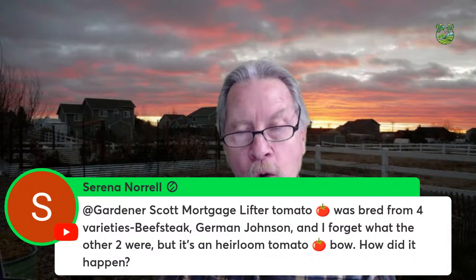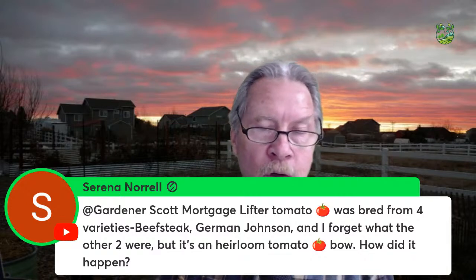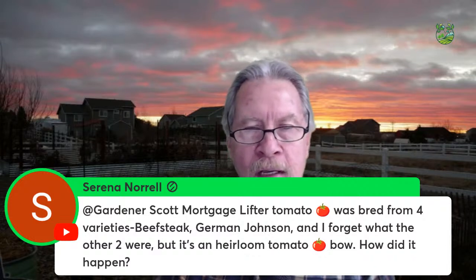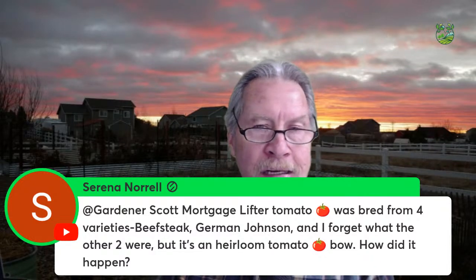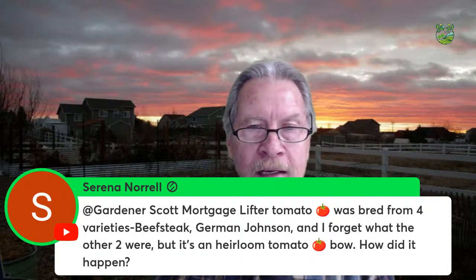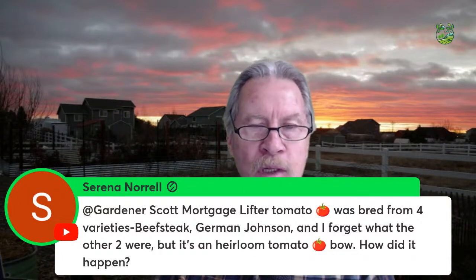So now it is an heirloom plant because it was developed almost 100 years ago. But at the time, it was just a tomato plant that had produced a genetic mutation, and he recognized that and worked to stabilize what became the mortgage lifter tomato.